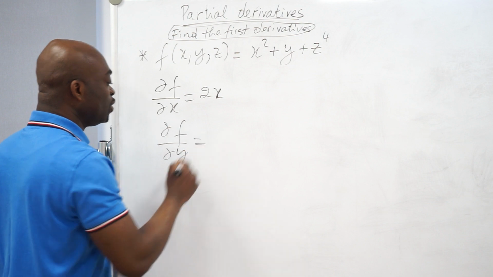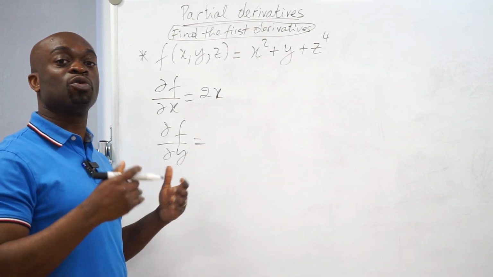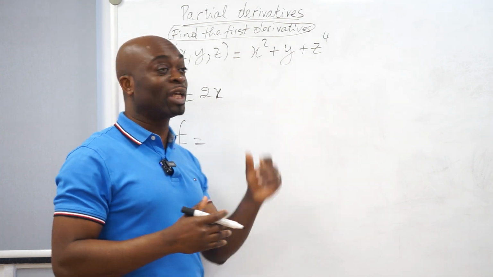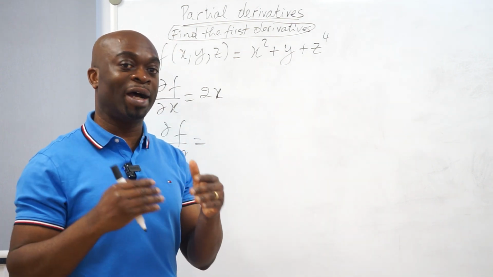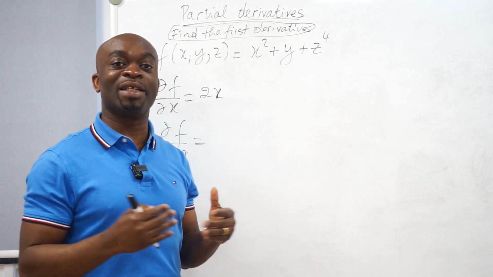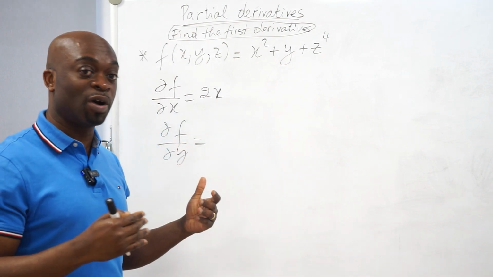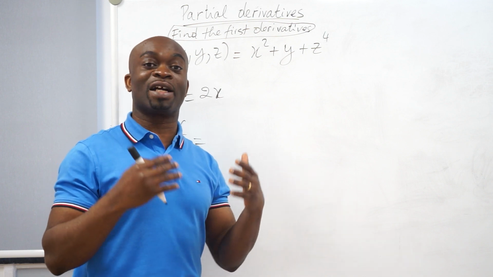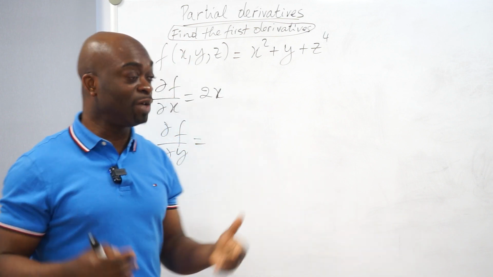Now, when it comes to the same function with respect to y, we're going to look again, and the target here is y. So x squared is going to become a constant, and the derivative of a constant is 0. Z to the fourth also becomes a constant, and its derivative is also 0.